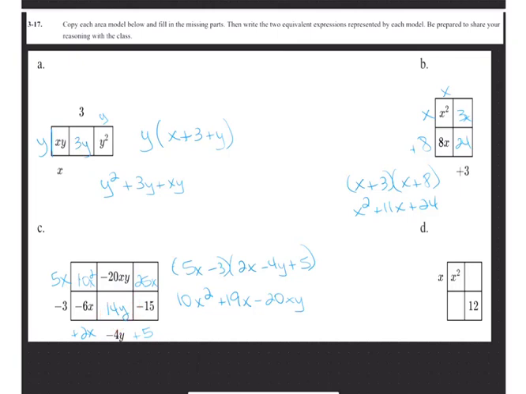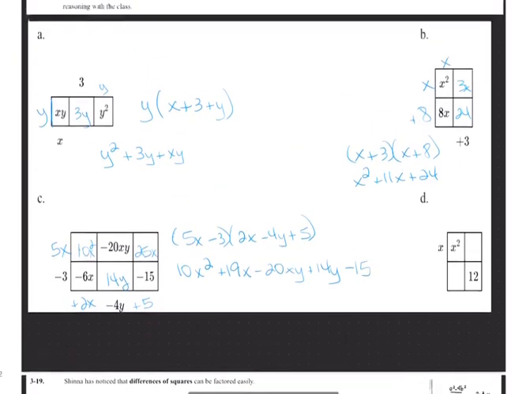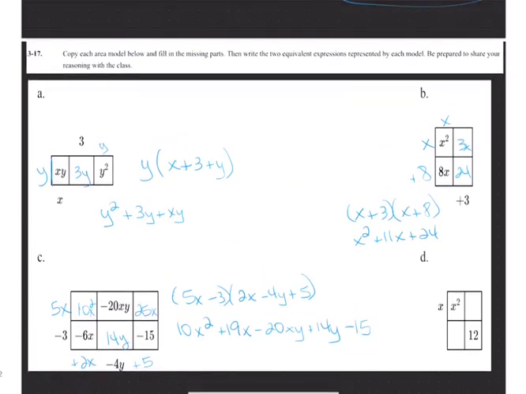Nope, just the one y, or well, 14 of them, right? So plus 14y's. And then whole numbers, we got that whole number, so negative 15. So there's two representations of those equivalent expressions, right? So I'm going to let you guys go ahead and do D on your own.